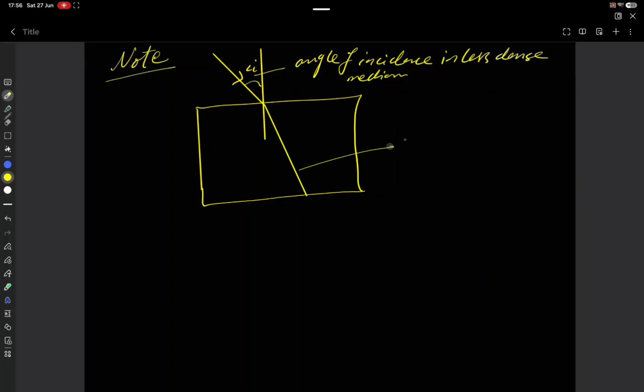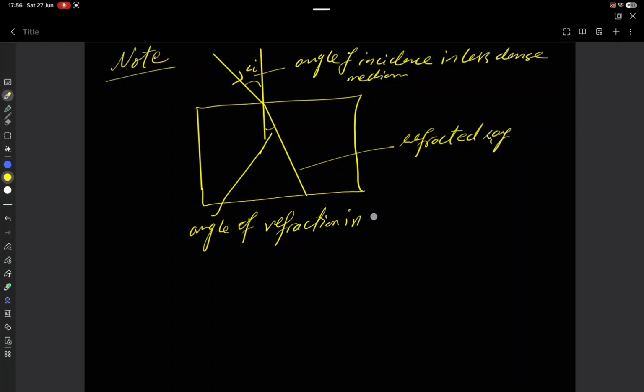This is my refracted ray. This is the angle of refraction in the denser medium.